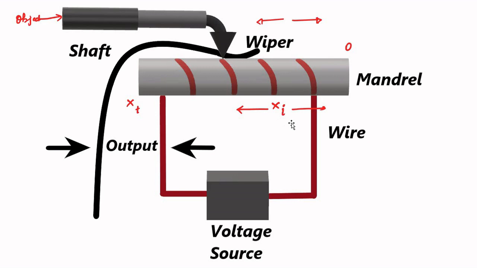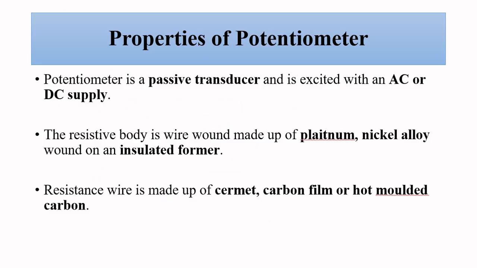Here xi becomes this much portion, this resistance, and from here it is split, and here it becomes another resistance. This output is taken as the output signal. So it all depends on the potentiometer.